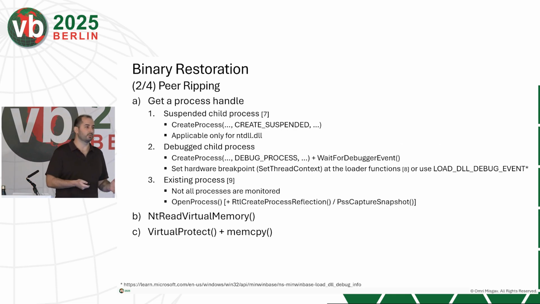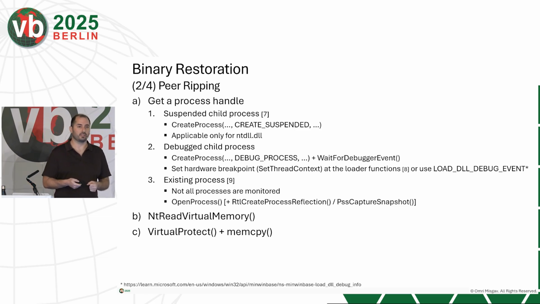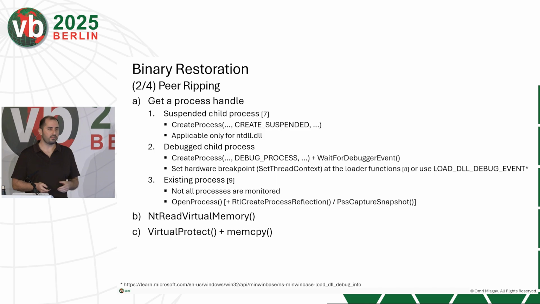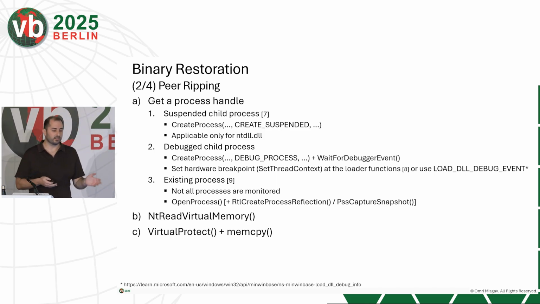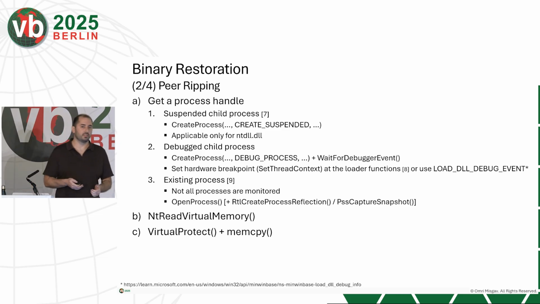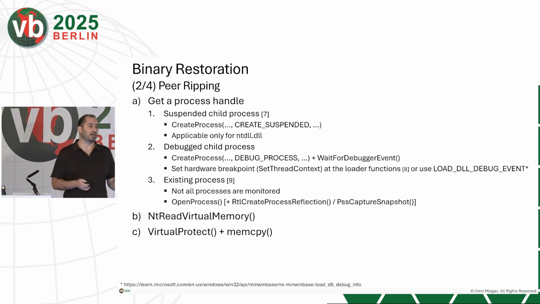Or if we don't want to access the file directly ourselves, we can use other processes and get the code from their memory space. There are three variants to be able to do that. The attacker can create a suspended child process, but that will only give them a specific DLL, only ntdll. Or they can create a debugged process and then wait for the target DLL that they want to obtain the code for to load.